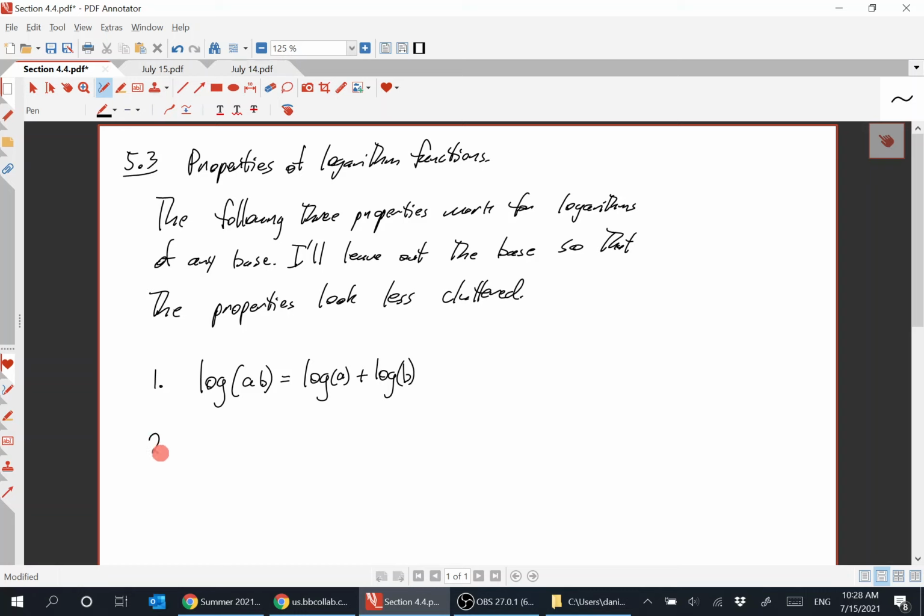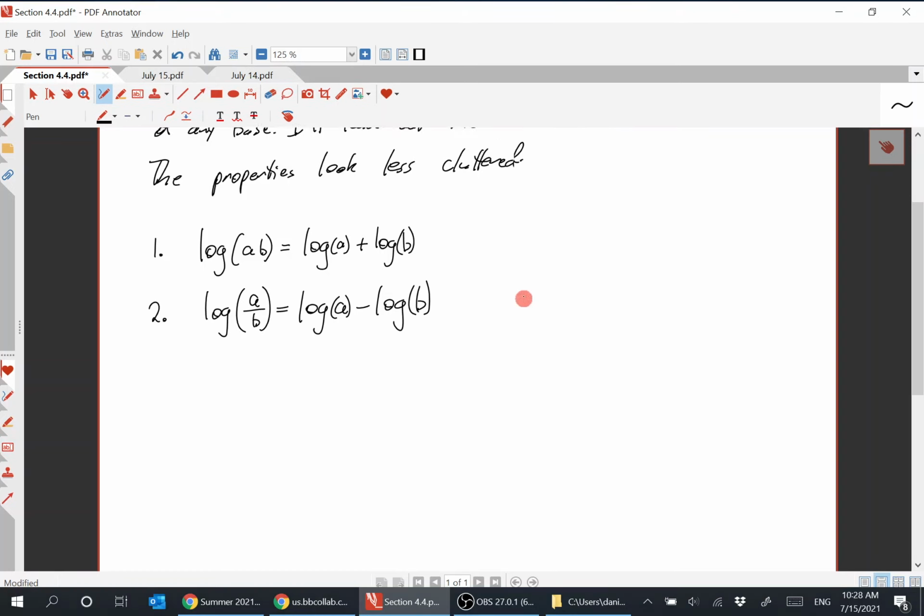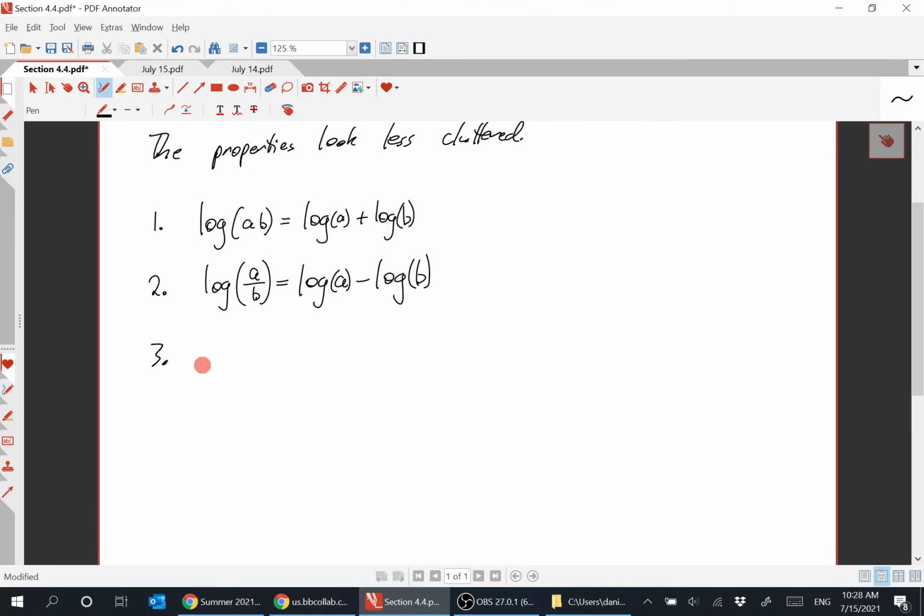Okay, 2. The log of a over b, well, it's very similar to what we just wrote. That's the log of a minus the log of b. 3, the log of a to the r is r times the log of a.